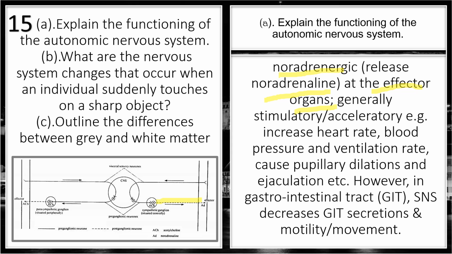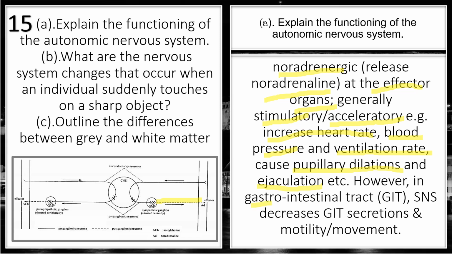That is the SNS, sympathetic nervous system. And that noradrenaline is generally stimulatory or acceleratory, meaning that it increases the heart rate, increases the blood pressure, increases the ventilation rate, and it causes pupillary dilation and ejaculation, and many others.